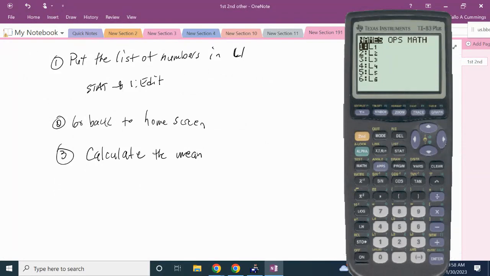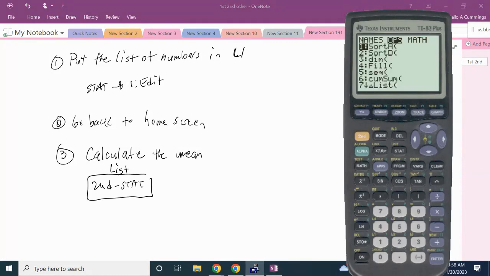All right, I want to scroll over to, let me just write that down. So I went to second and stat, right, which is actually the list. I'm going to scroll over to math.